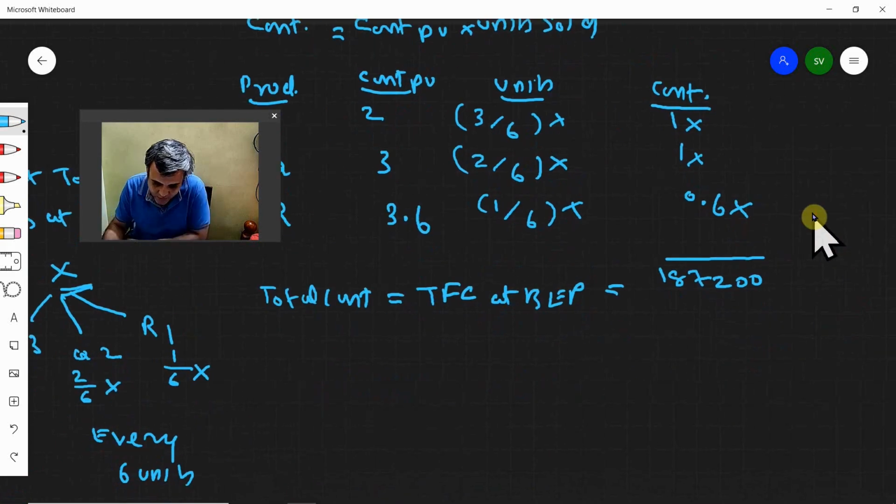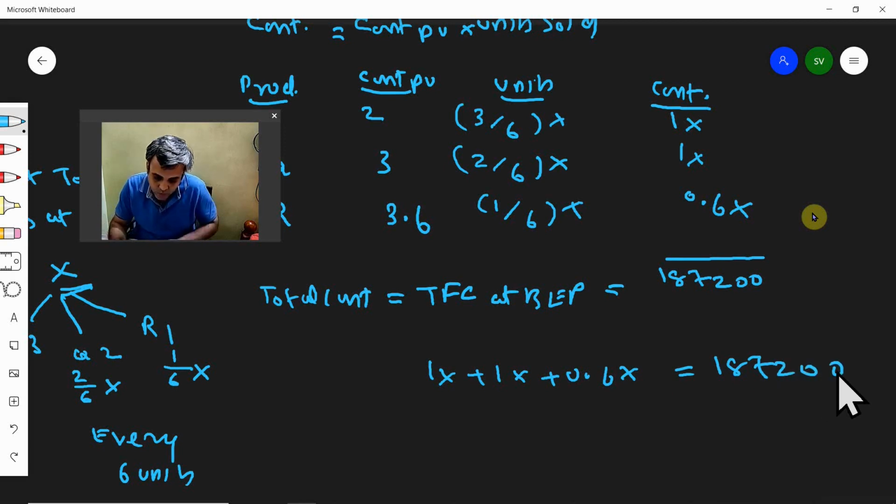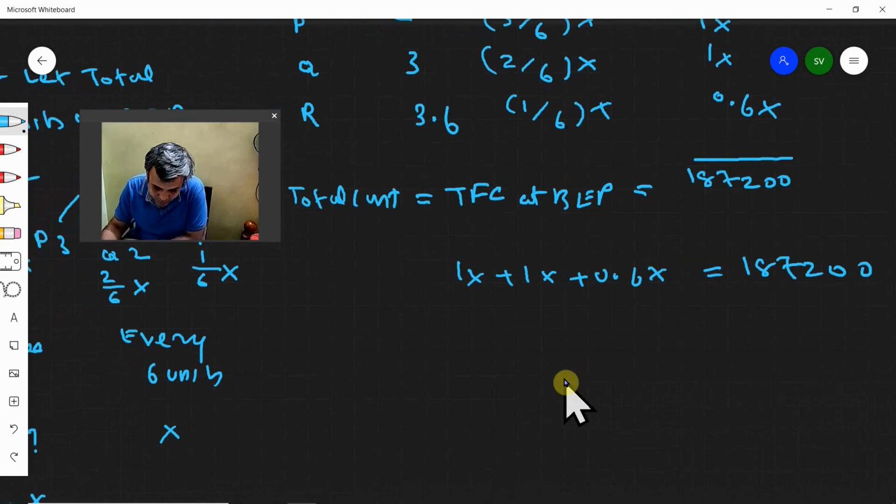So what is the equation I get now? 1x plus 1x plus 0.6x plus 0.6x is equal to 1,87,200. Shall I proceed? 1 plus 1 plus 0.6 plus 0.6 is 2.6.